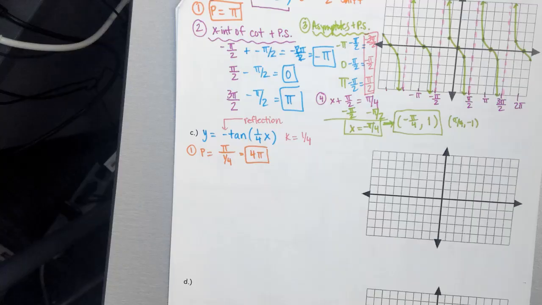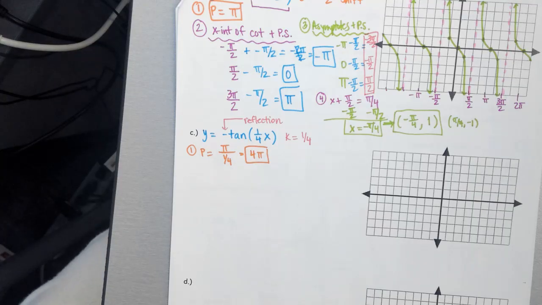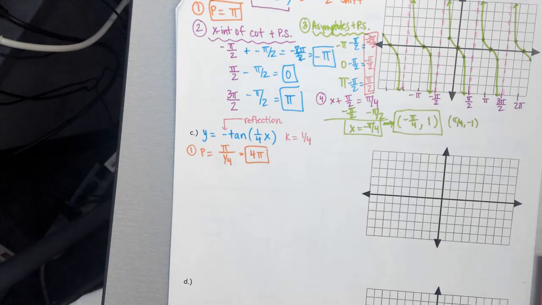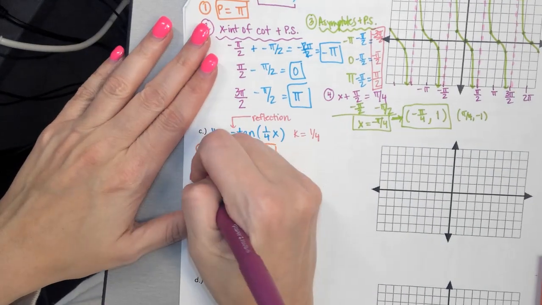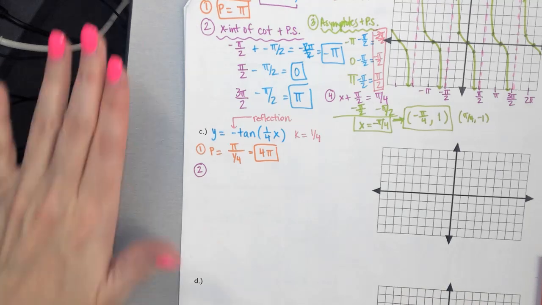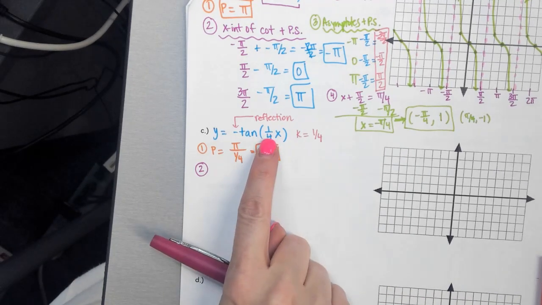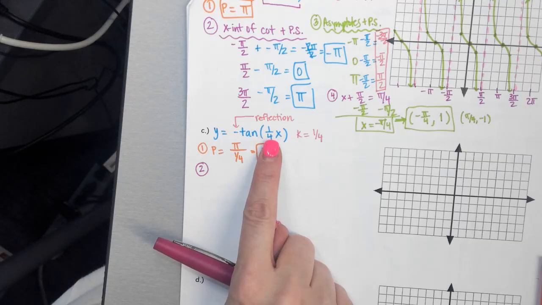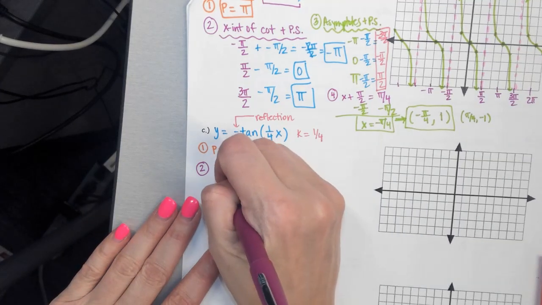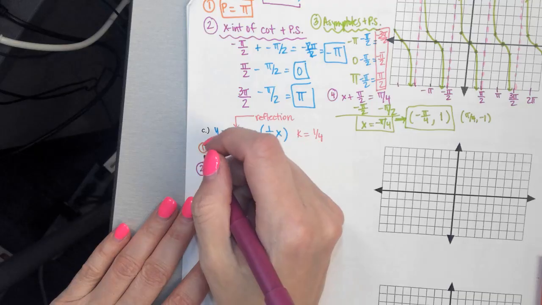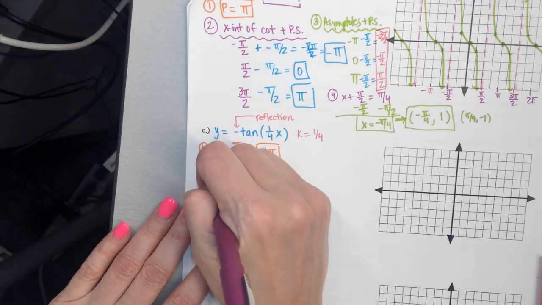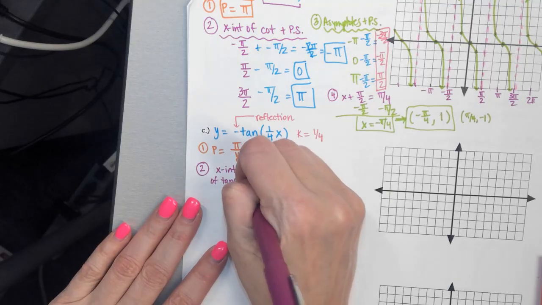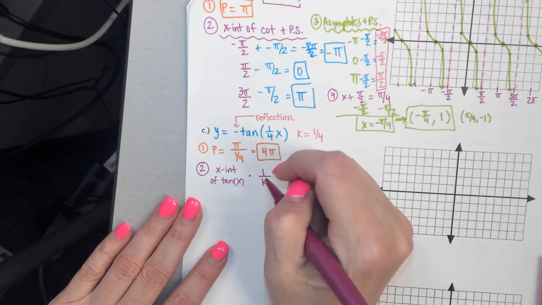Okay, and now our step 2 process is going to change a little bit. Because if you have a different k value, this is called a horizontal stretch in this case, you have to use the reciprocal. Okay, so this is the x-intercept of the tangent, okay, multiplied by 1 over k.